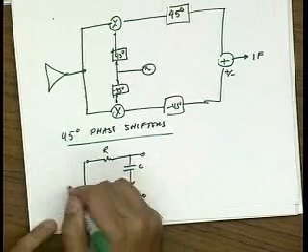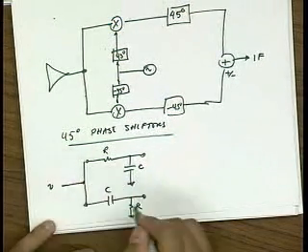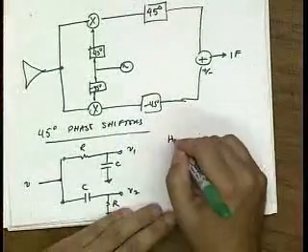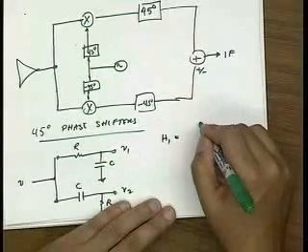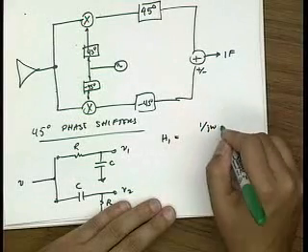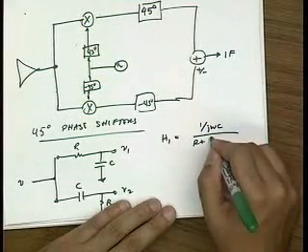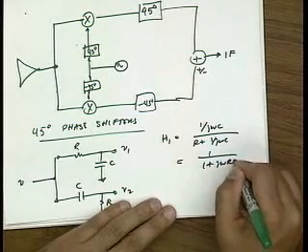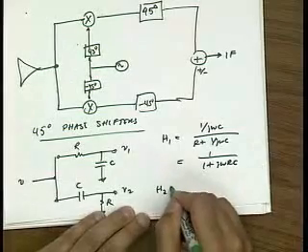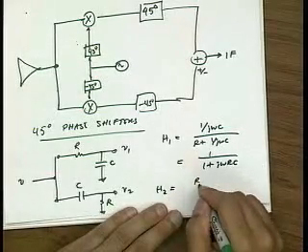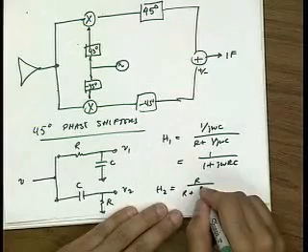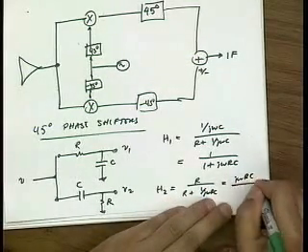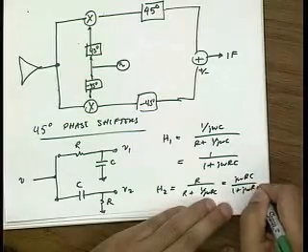So if I connect this to the same voltage, and I look at V1 versus V2, the transfer function H1 is just a voltage divider, (1 over j omega C) over (R plus 1 over j omega C), which is just 1 over (1 plus j omega RC). H2, on the other hand, is just R over (R plus 1 over j omega C), or it's j omega RC over (1 plus j omega RC).